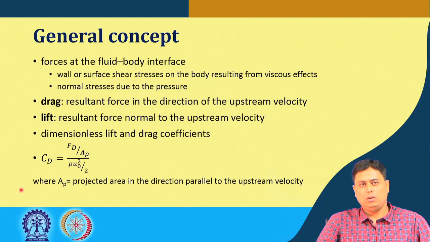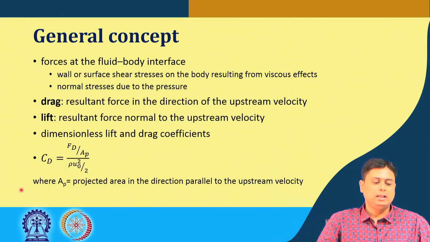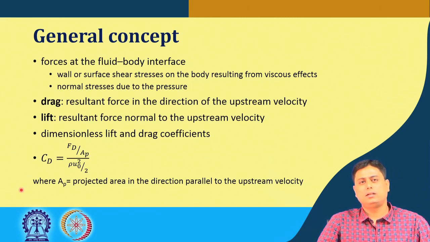So, we say the drag is a resultant force in the direction of the upstream velocity, and the other force is the lift force, which is the resultant force normal to the upstream velocity. By typical convention, when we say drag force, it is the components of this shear stress drag and the normal stress drag, because remember, the objects are not of a flat surface, okay?